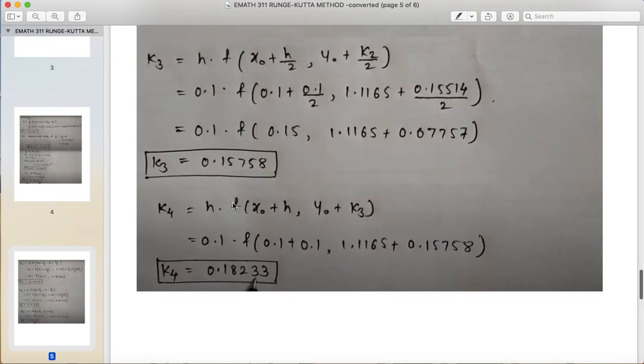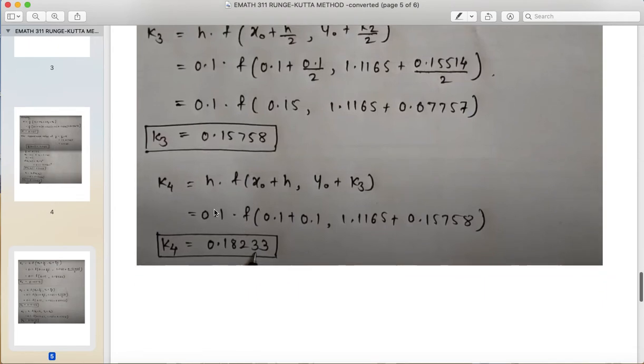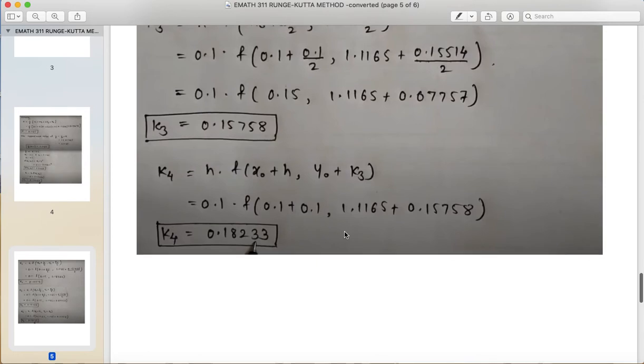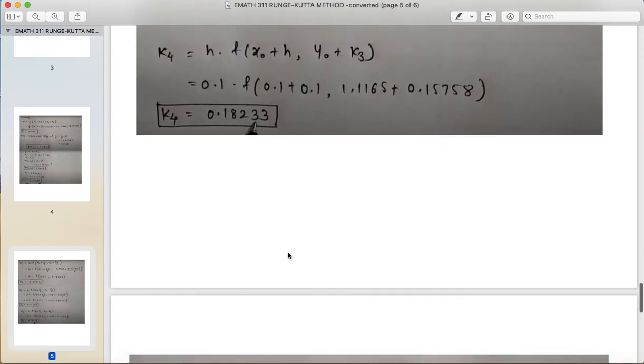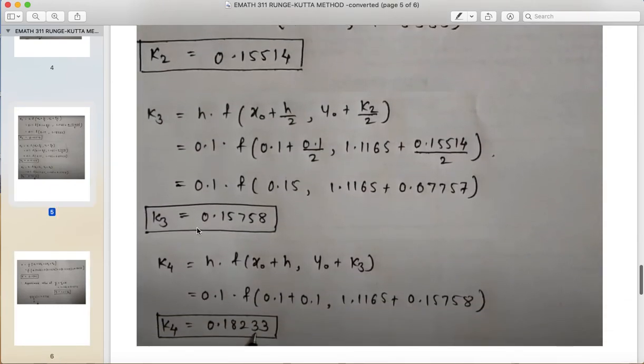So we get a k3 of 0.15758. And then the last one, which is our k4, is equal to h into f of x naught plus h and also y naught plus k3. So we have here 0.1 f of 0.1 plus the remaining values here. We get the k4, which is 0.18233.